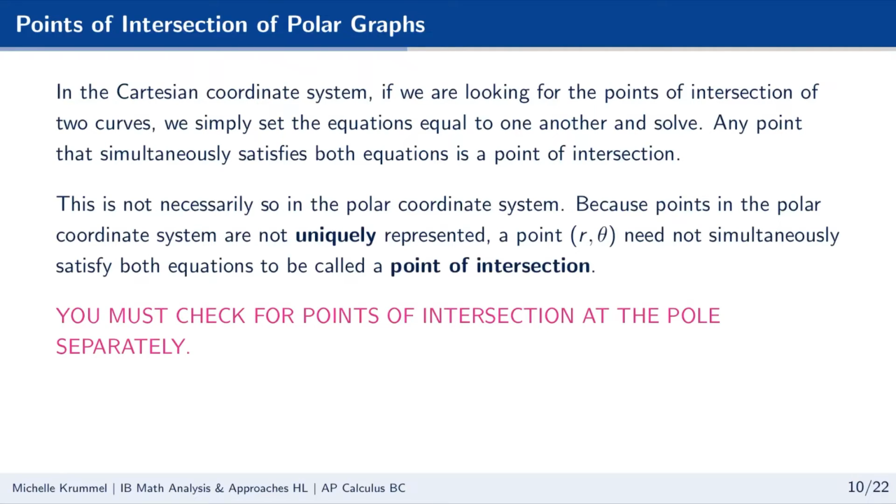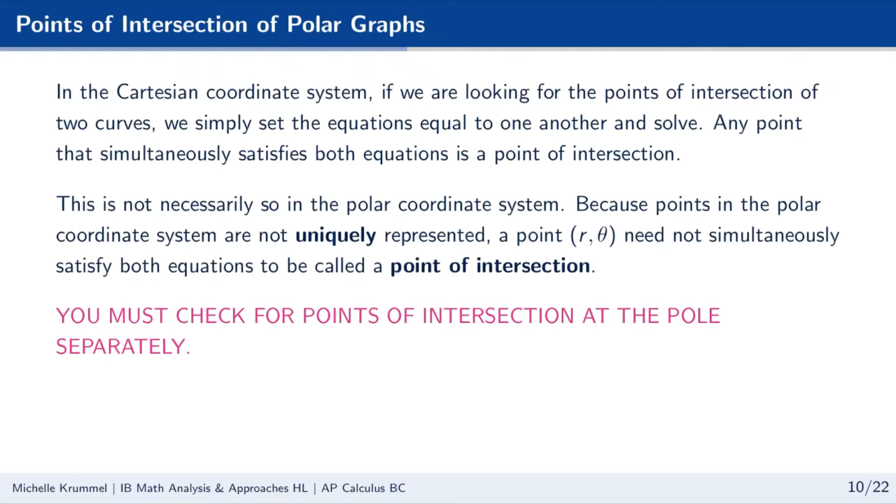So we have to also make sure when we're working in the polar coordinate system that we check for points at the pole separately, because we know at the pole it's even more complicated. As long as r is 0, theta could be anything. So it's quite possible that you solve one equation and you get an r value of 0 and a theta value of pi over 2.